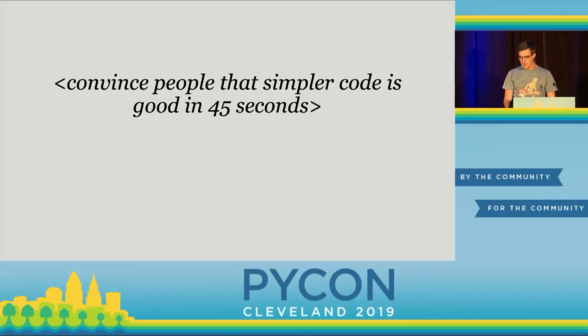Okay, so I now need to convince everyone that simple code is good. So why should you care if your code is complicated or simple? So remember that your code is written not just for computers, it's written for humans. And Python especially is almost written in a language that's easy for people to understand.